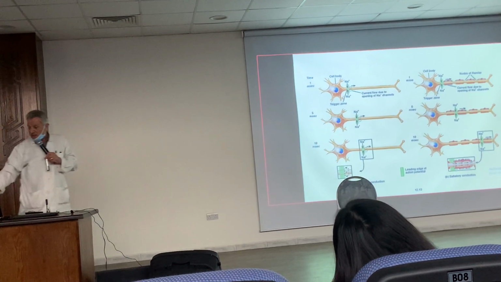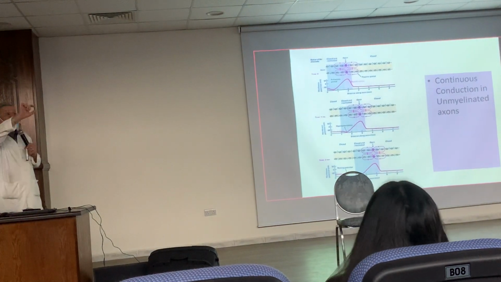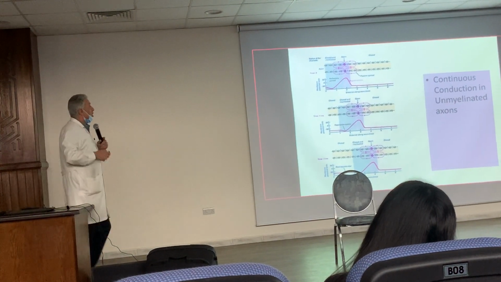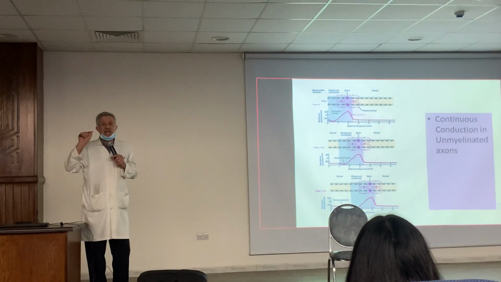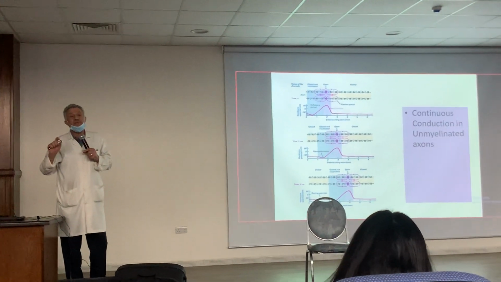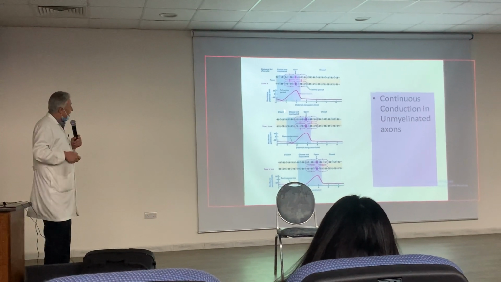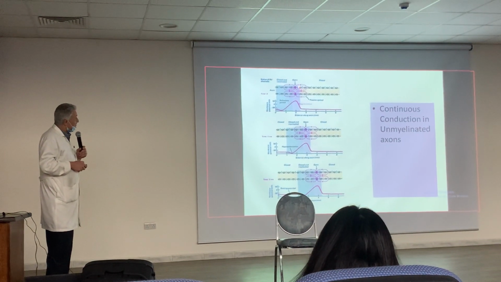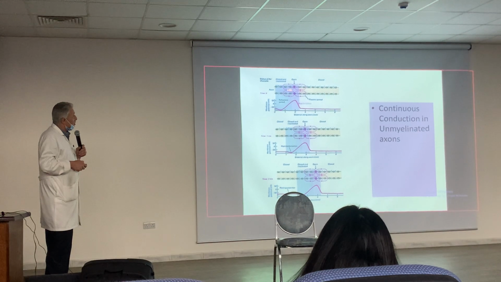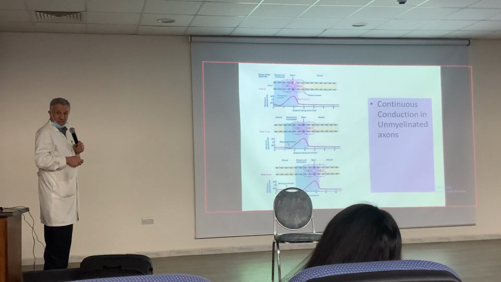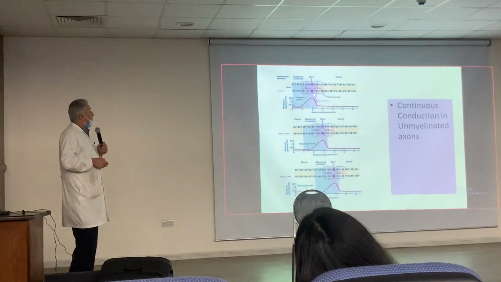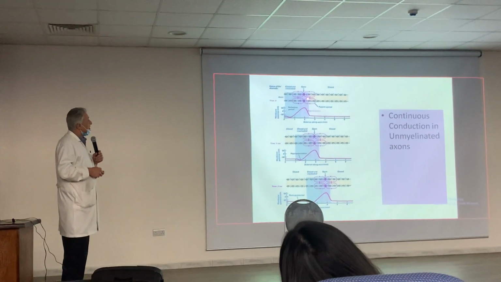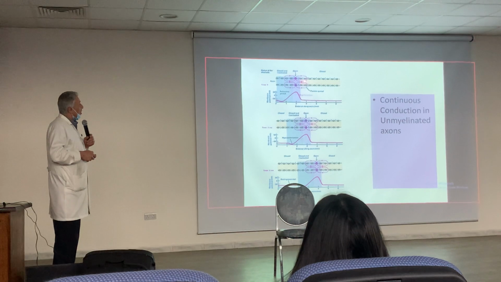And because of that, if you are viewing it in series, we are calling this type of conduction along these unmyelinated axons continuous conduction. Again, as you see, we have currents developed. More important are the internal currents than the external currents, okay? By these currents, we are getting depolarization of that region.